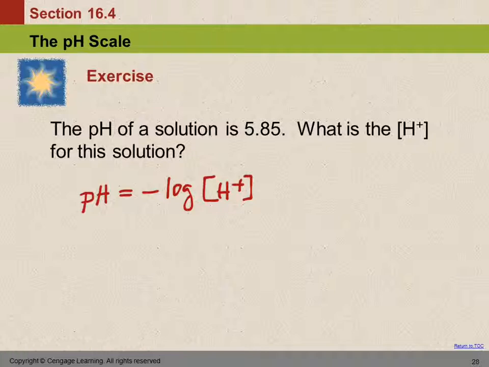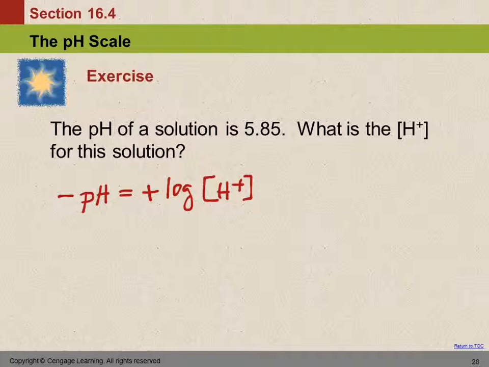Rearranging this equation is a little more complicated. I'm going to show you how it's done, but then I'll give you both forms in the cheat sheet. First, I multiply both sides by negative 1, so this side becomes positive and that side negative. Then I need to get rid of log. Log is a function, so you can't just divide by it.